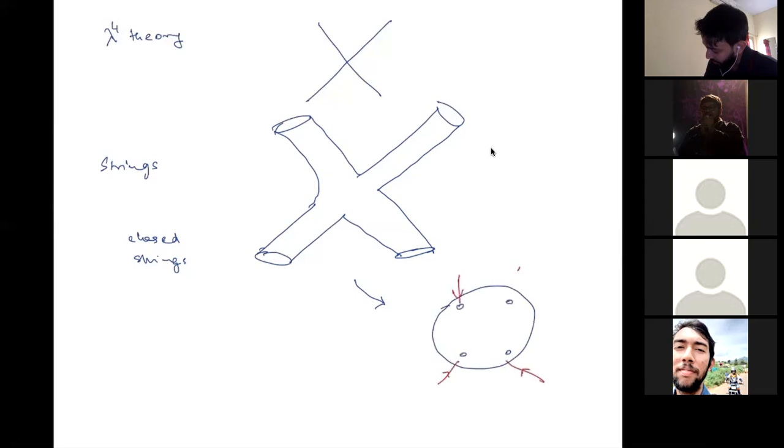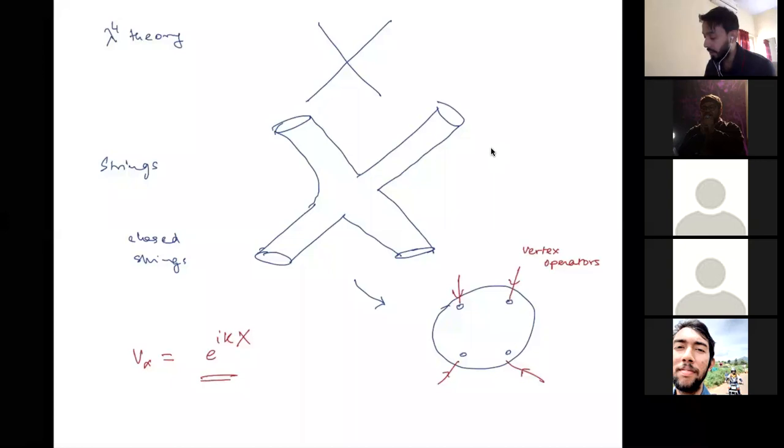These guys that I'm trying to point out here are what are called vertex operators. You'd remember that there are these things that you found the weights of, e to the i k x, where x was your scalar field and k was your momentum, if you wish. You found the weights of these and found that these are primaries.